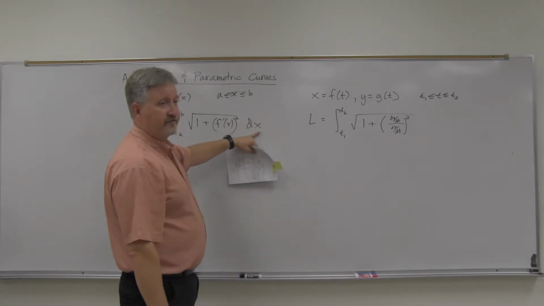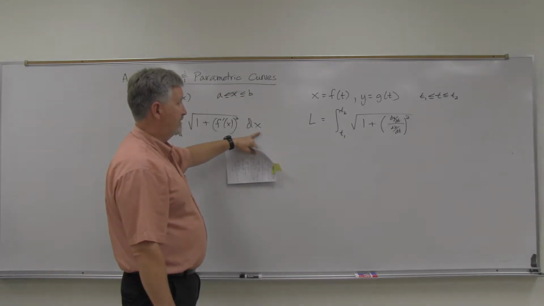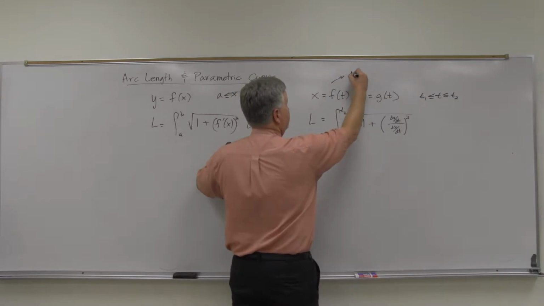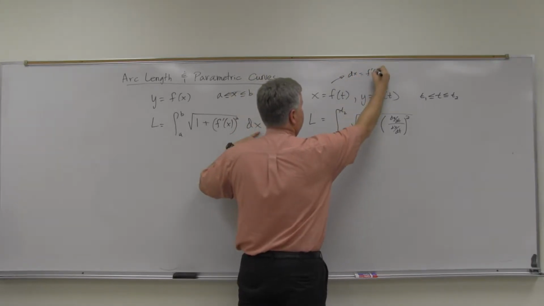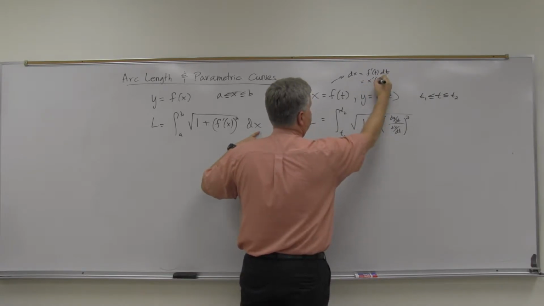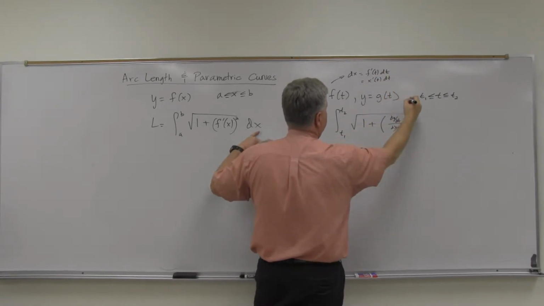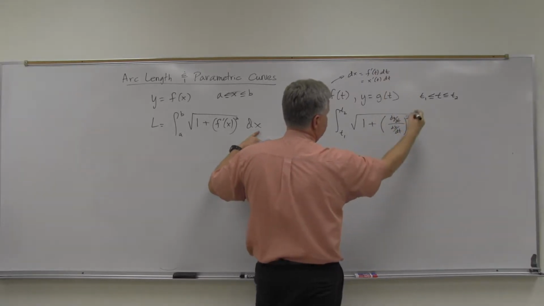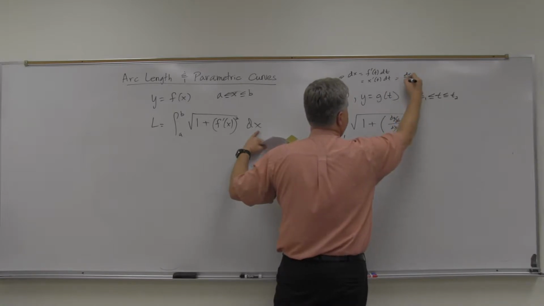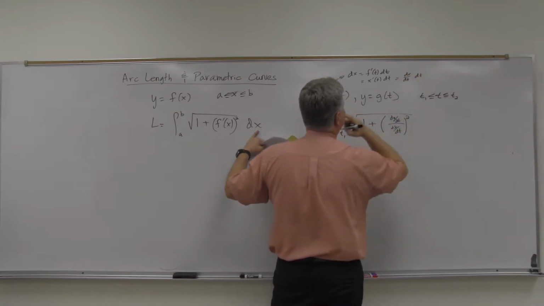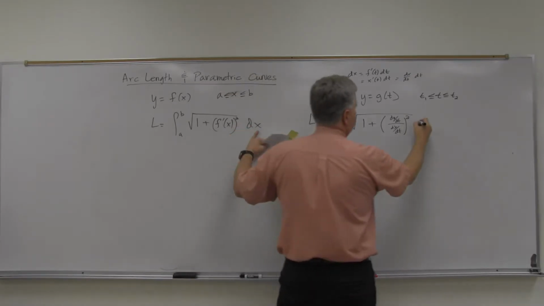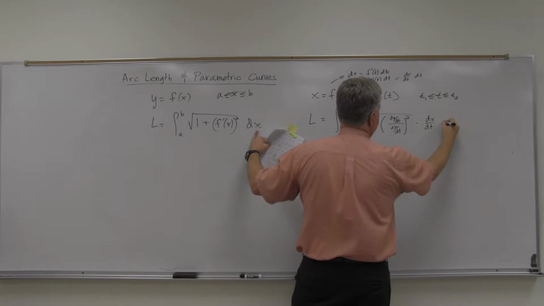And then the dx, if we make the replacement for the dx, same thing as before, dx would be the derivative of that times dt, or let's just write x prime of t dt. So it's dx over dt dt.